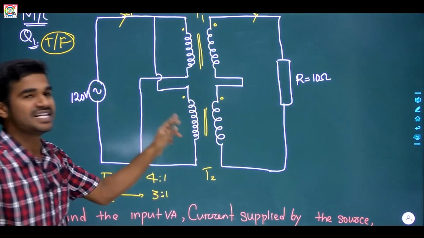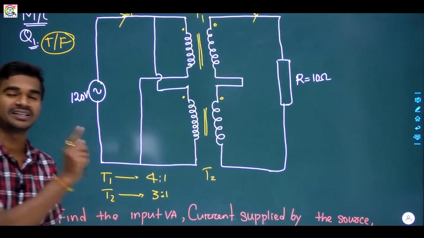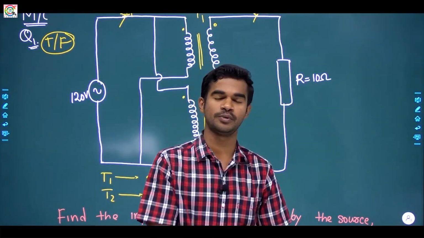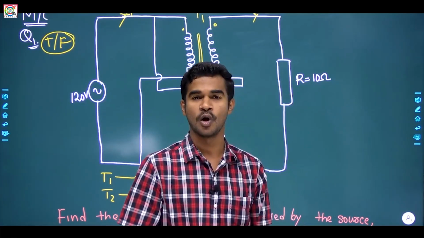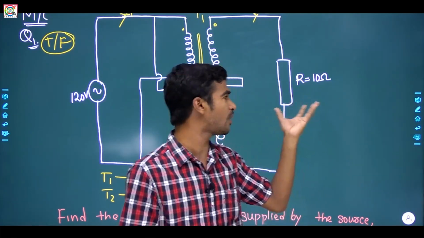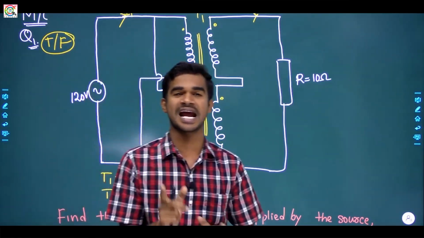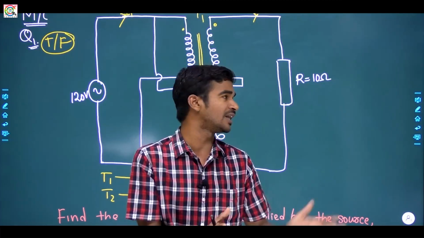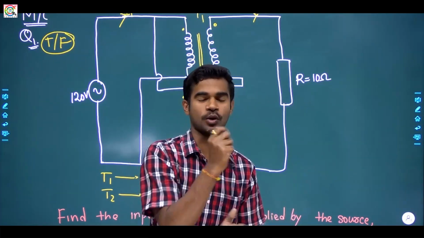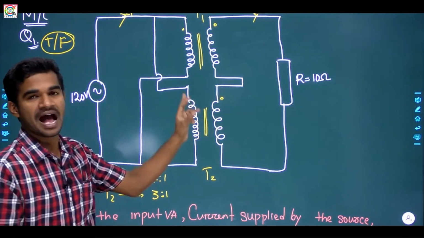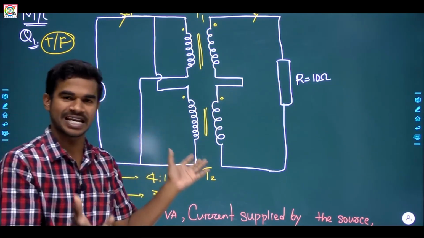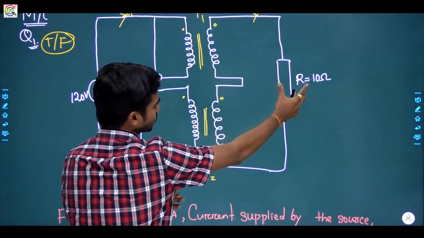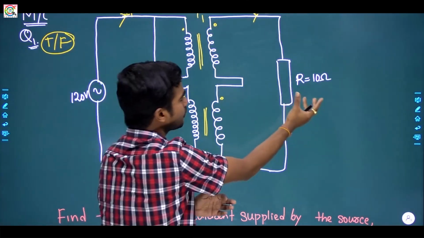But these are ideal transformers, and the load is a purely resistive load. That means it is a unity power factor load. Obviously the power consumed by this load is only real power, so the reactive power consumed by the load is 0.